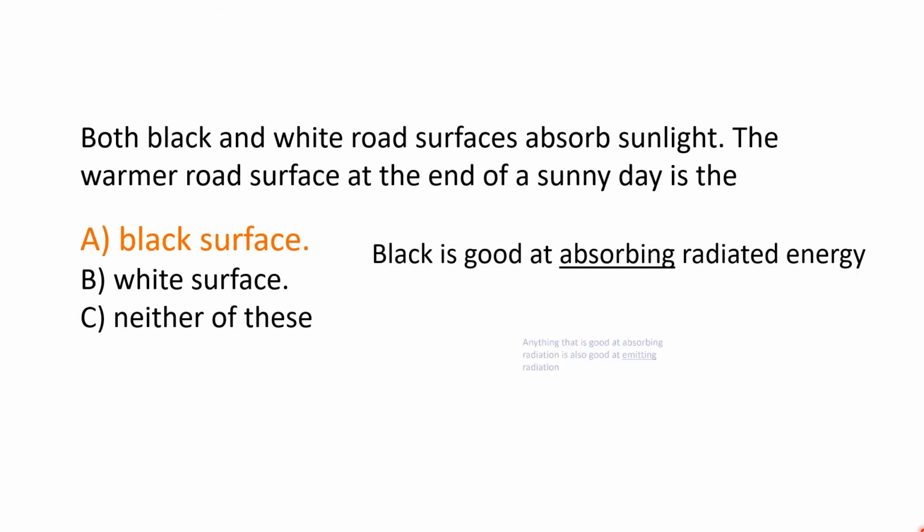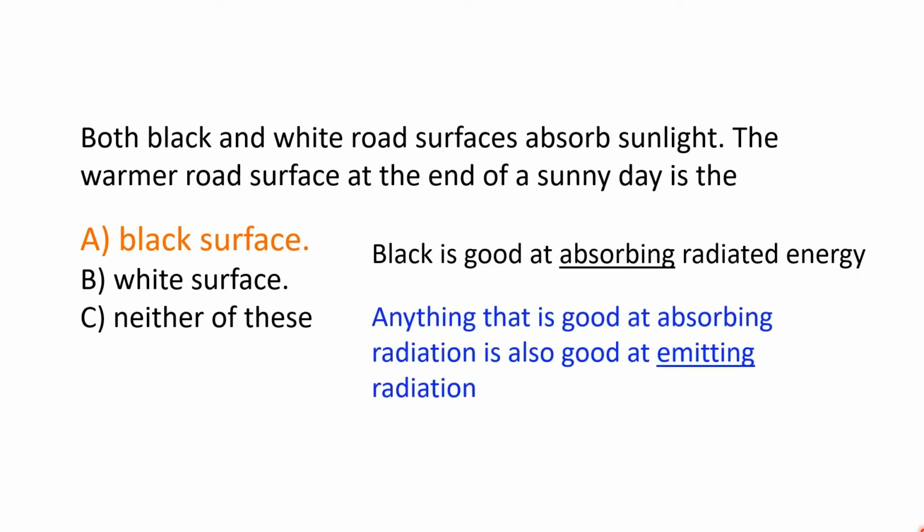It turns out that anything that is good at absorbing radiation is also good at emitting radiation. So it's taking in lots of energy, but it's also sending it out. It's re-radiating that energy. So during the day, it's absorbing a lot of sunlight, which is why its energy goes way up.